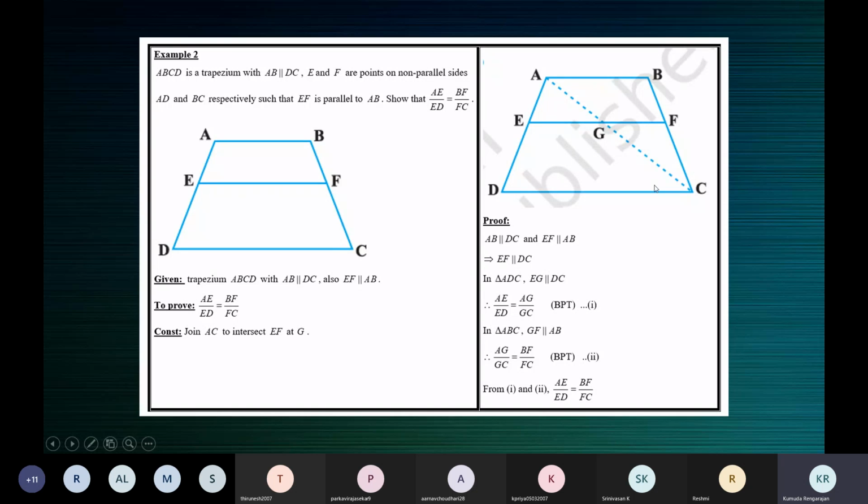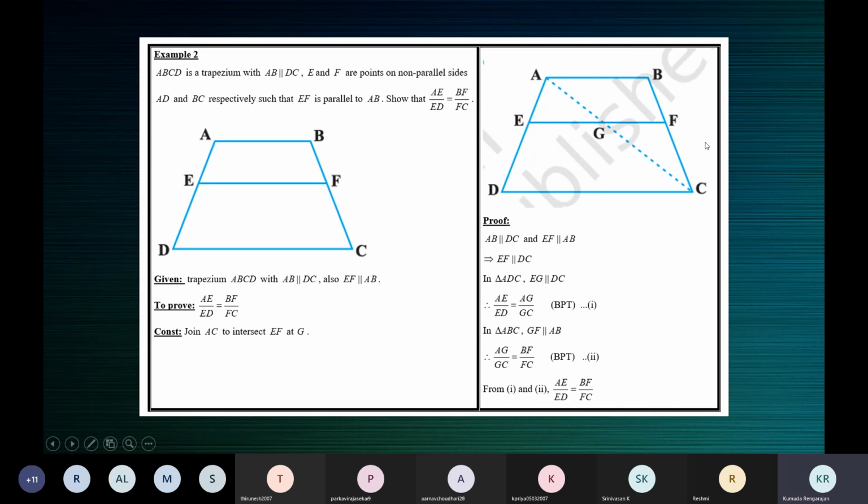You need a triangle in which a line is parallel to one side of the triangle. So in triangle ADC, we have EG, which is parallel to DC.